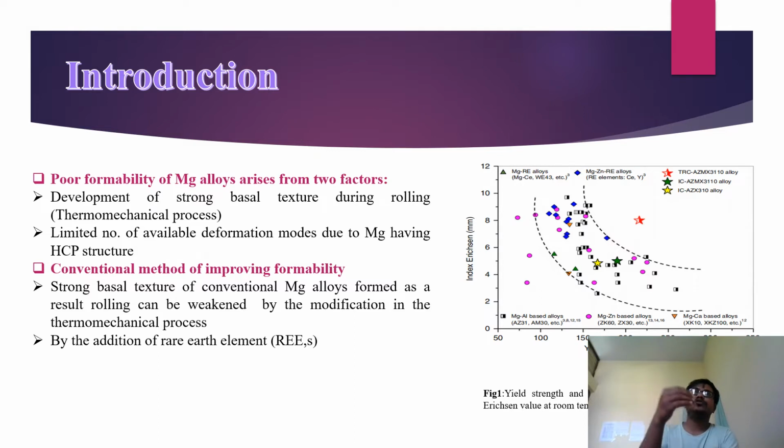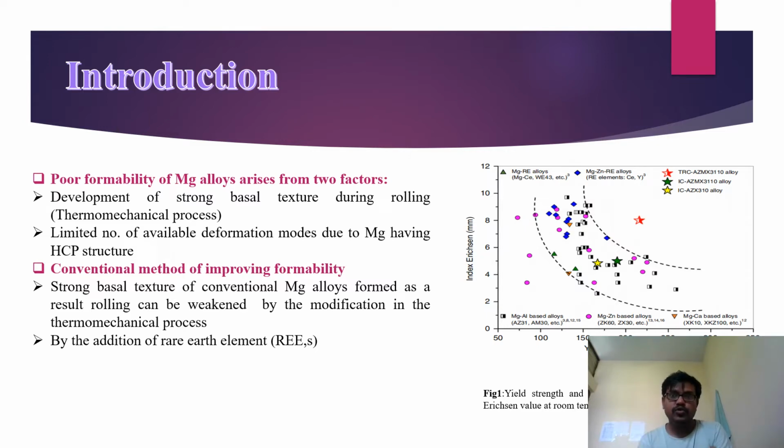There are two processing routes for magnesium alloy, one is the casting method, and the other is the wrought method, meaning we use methods apart from casting, because casting becomes a much more complicated process, and it is not possible to make each and every complicated and intricate shape using casting. So sometimes we have to use wrought magnesium alloys also.